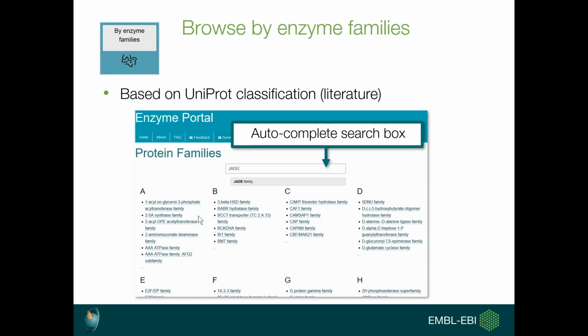So to search for families that are not displayed on the page, you can use the search box on the top of the page. This search box uses a controlled vocabulary, which means that as you start typing the first few letters of a family name, like I did here, a drop-down menu will appear where we can select the most relevant suggestion.